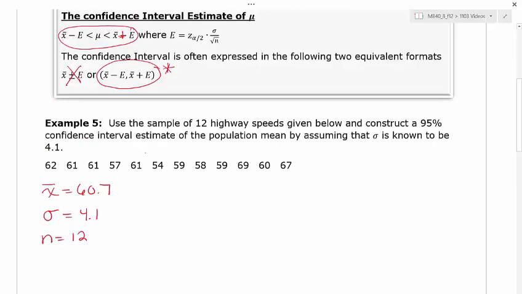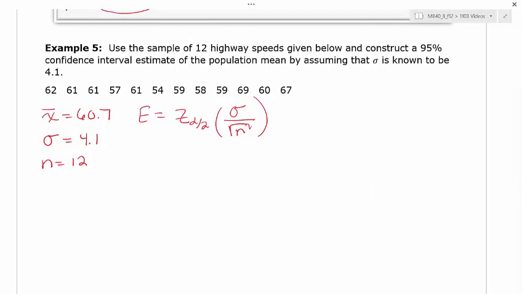And so our formula for our error is z sub alpha over 2 times our population standard deviation divided by our square root of n. So z sub alpha over 2 for 95% confidence, we've used this one a whole bunch of times, it's 1.96.